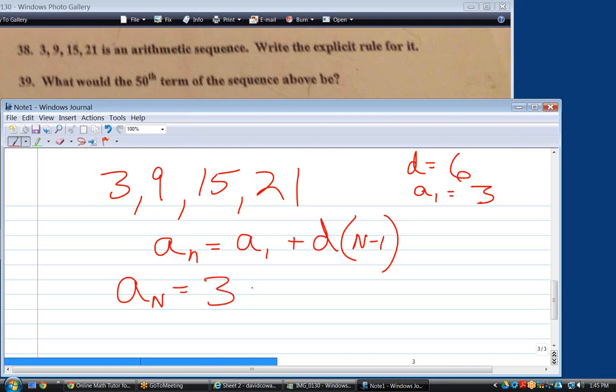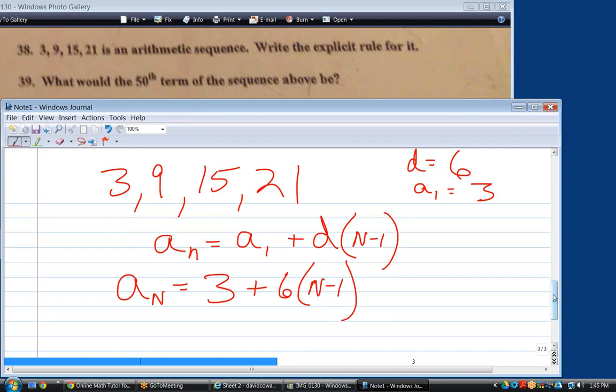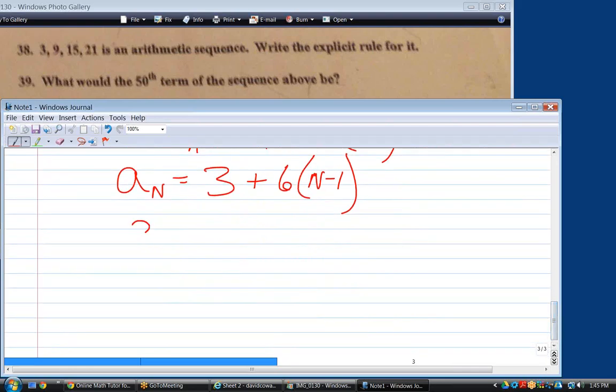Would it be a sub n equals 3 plus 6 times n minus 1? Simplify that. Don't we need a value for n to simplify? No, not really.